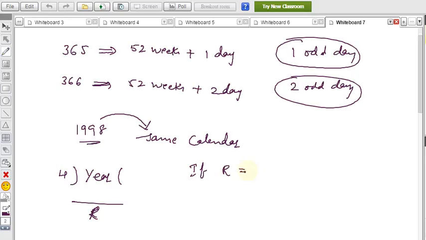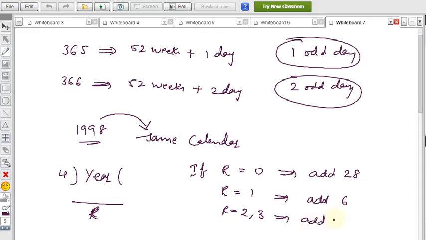If the remainder is 0, then add 28 to that year. If the remainder is 1, add 6. This shortcut method you need to remember. If the remainder is 2 or 3, then add 11.